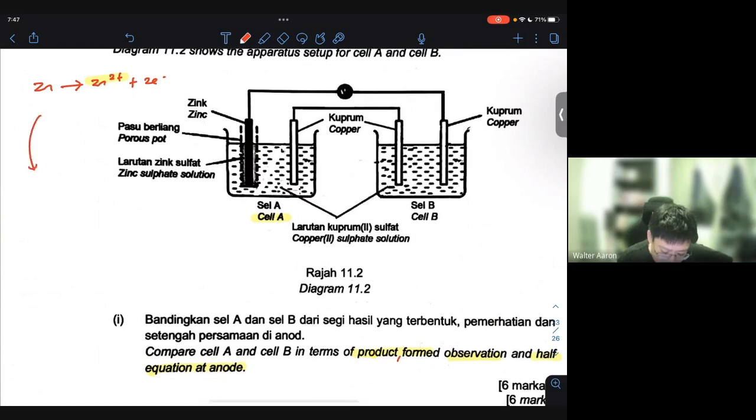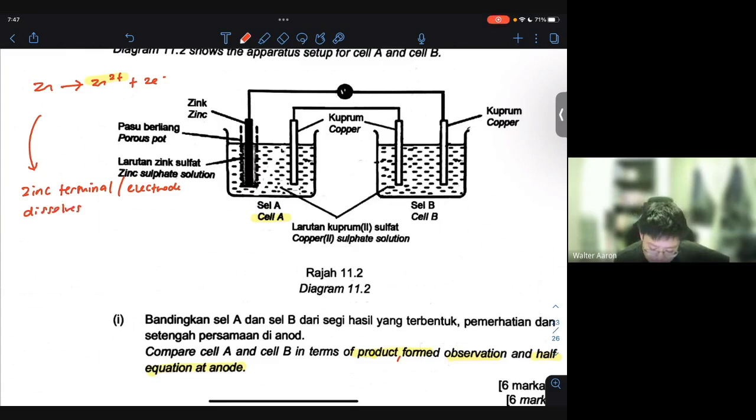The second part over here, just write there: zinc terminal or electrode dissolves, right?